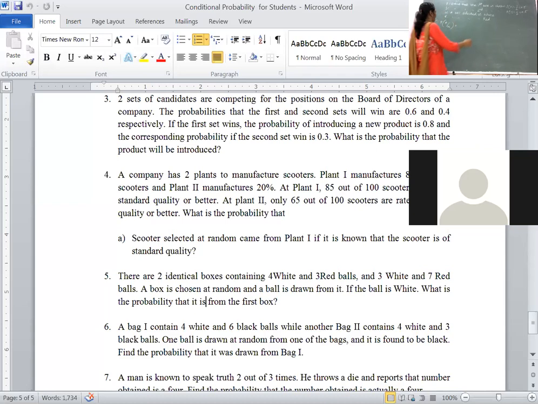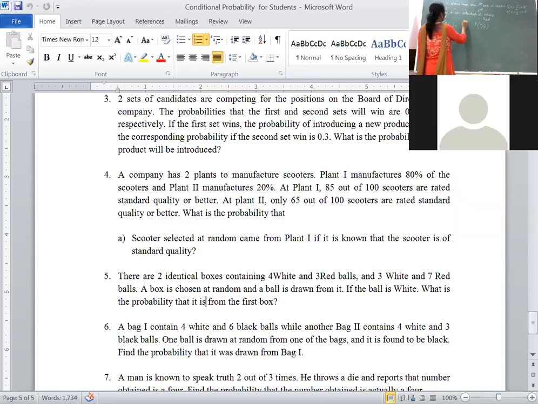Inverse of conditional probability, that is W given F, and probability that the ball is from the first box upon, here again two events, so summation i running from 1 to 2, probability of F into probability of W given F plus probability that the white ball is chosen from the second box and probability of S. Then we need to calculate this value.